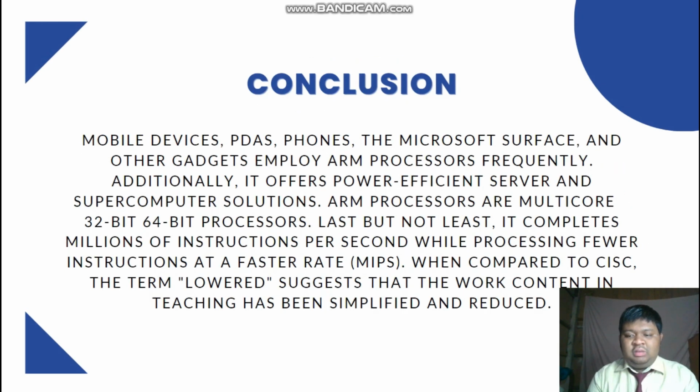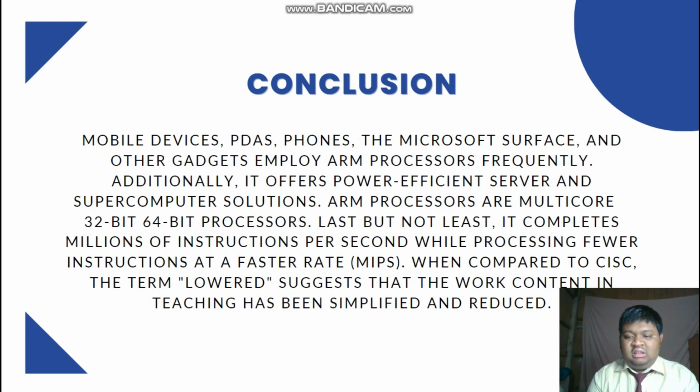Now for the last part of our COA group assignment presentation, the conclusion. Mobile devices, PDAs, phones, the Microsoft Surface and other gadgets frequently employ ARM processors. Additionally, it offers power efficient server and supercomputer solutions. ARM processors are multi-core 32-bit and 64-bit processors.